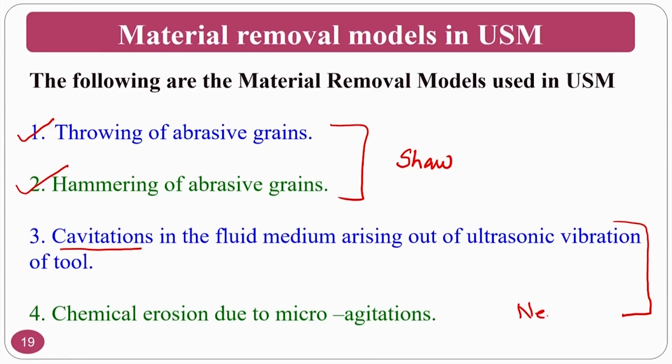Okay. So what we are going to see is the throwing model as well as the hammering model. These are the 2 actions, and how they take place in the material removal action. Being a mechanical engineer or a manufacturing engineer, we worry mostly about the mechanical action. That is why Shaw considered only the throwing and hammering mechanisms.